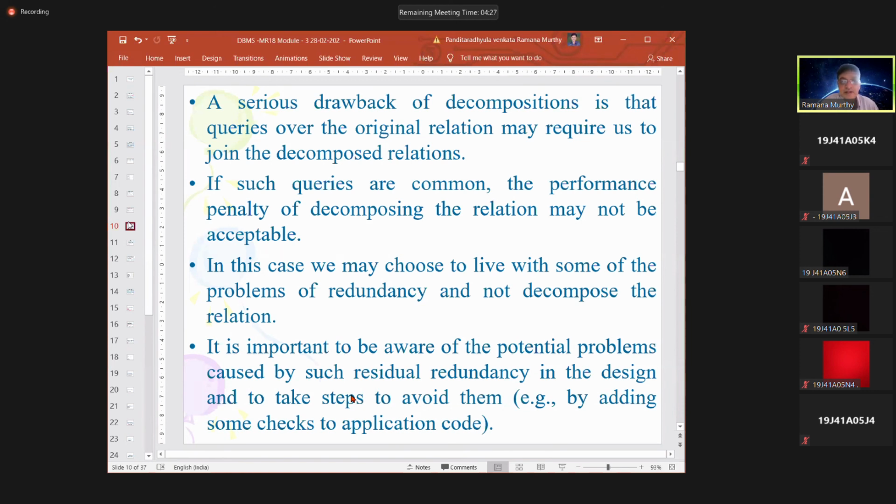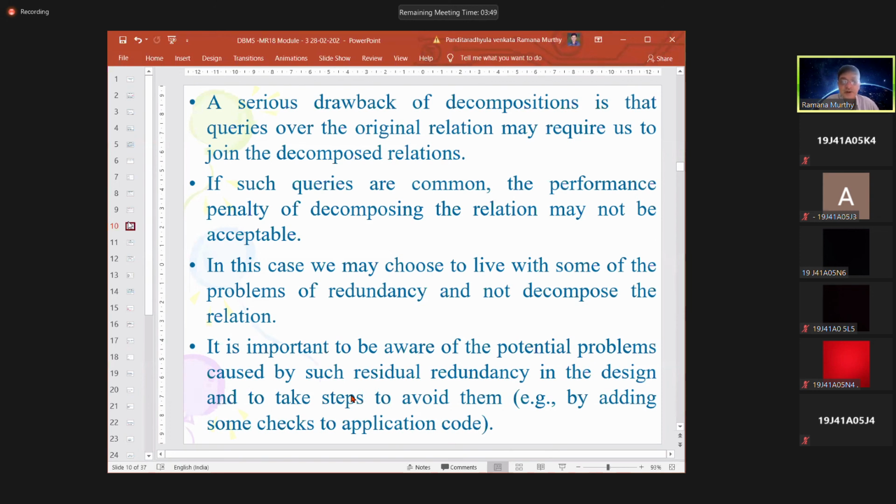Okay, that is the reason I told you, whether speed is important or redundancy is important, we need a common approach to identify the performance of the queries at the cost of the decomposition. If the speed is important, we need not go for the decomposition, or at least not more number of tables.